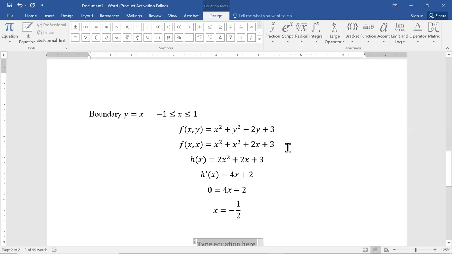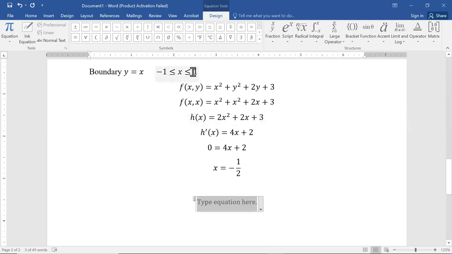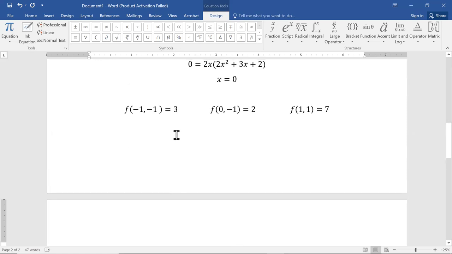So again, we're going to check the endpoints and any critical points along this boundary. The first endpoint is when x is -1. Well, when x is -1, y is -1. I've already calculated that before, right? We've already gotten that was a 3.